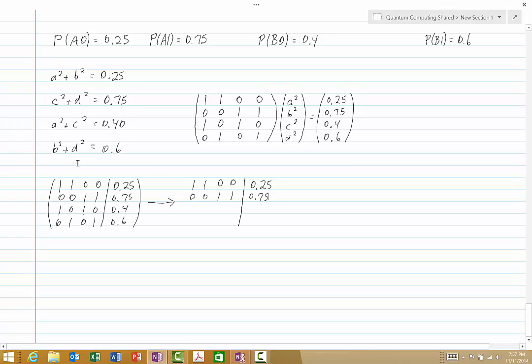And so we get 0, negative 1, 1, 0, and negative 0.25 added to 0.4 leaves 0.15. And then the last row stays as 0, 1, 0, 1, 0.6.